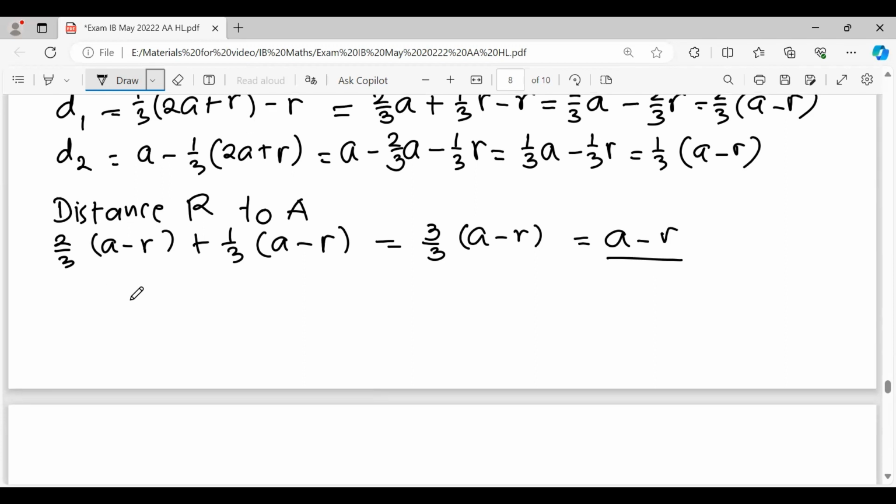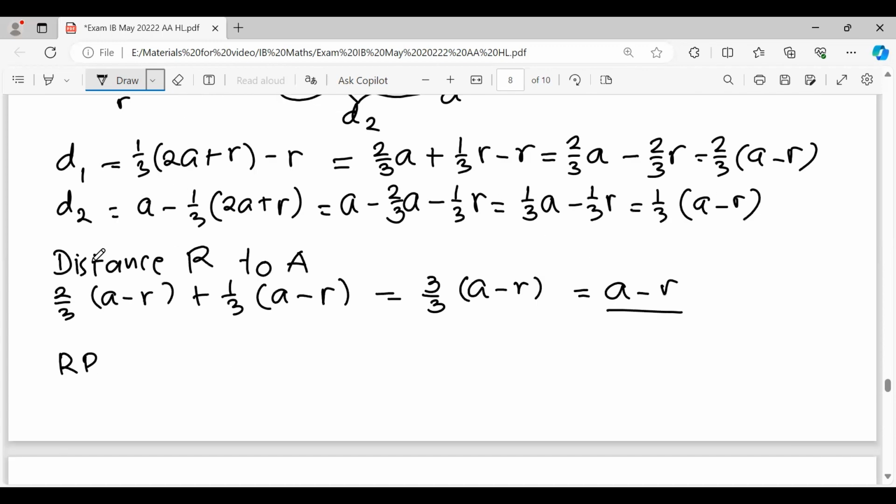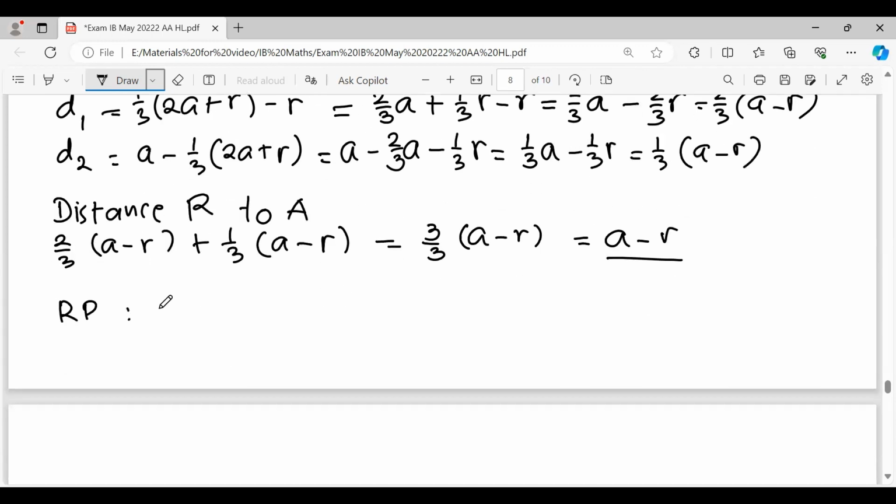Then if we compare RP to PA, it is 2/3 (a minus r) to 1/3 (a minus r).